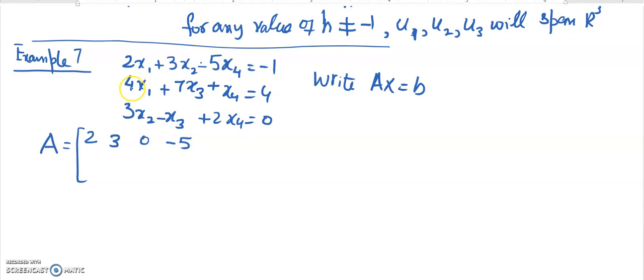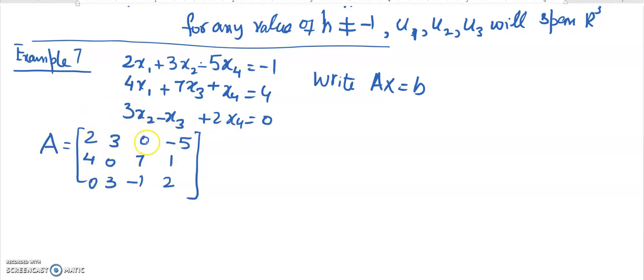For the second one, it will be 4, x2 was missing so 0, 7, 1. For the third one, x1 was missing so 0, then 3, -1, and 2. Since there was no fourth equation, it will be a 3 by 4 matrix.